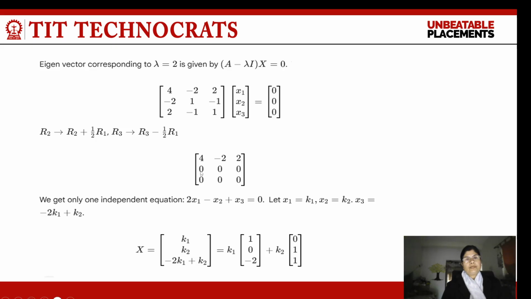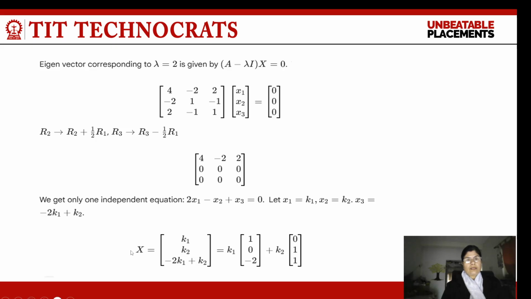So we get [4 minus 2 2; 0 0 0; 0 0 0]. We get only one independent equation, that is 2x1 minus x2 plus x3 is equal to 0. Let x1 is equal to k1, x2 is equal to k2, x3 is equal to minus 2k1 plus k2. Here k1, k2 are arbitrary constants.